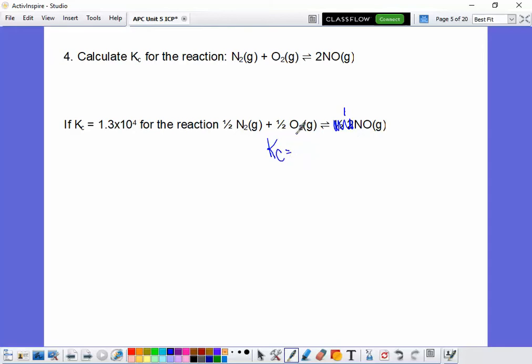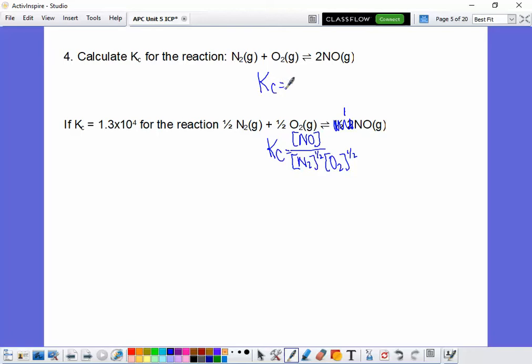So on the top is going to be the concentration of NO. And on the bottom, it's going to be the concentration of N2 to the 1/2 and O2 to the 1/2. Okay, so for this reaction, as written, with these coefficients, we have a K value of 1.3 times 10 to the 4th. What if we had this equation and we wanted to find its K value?